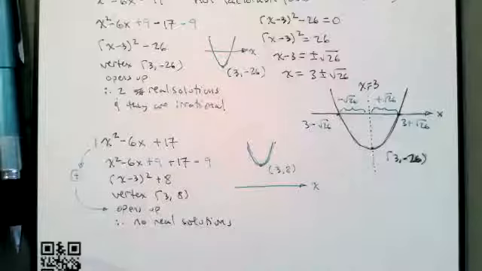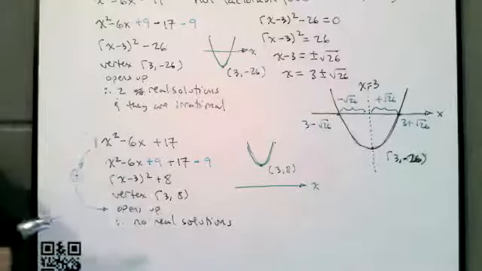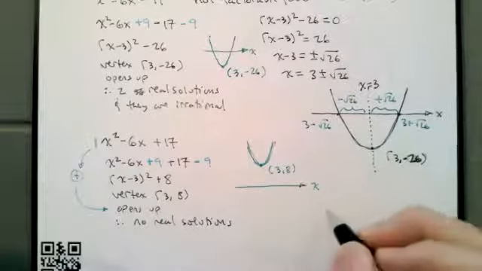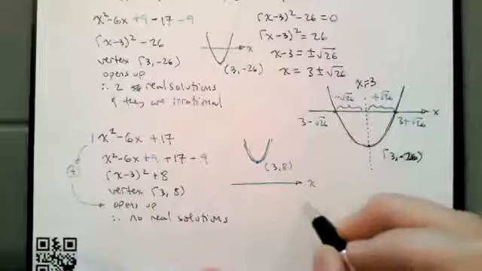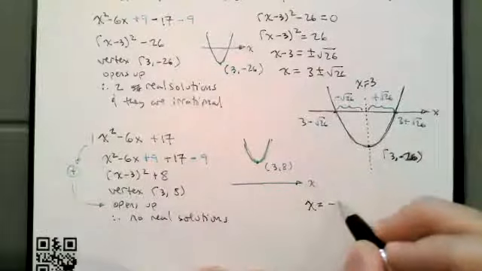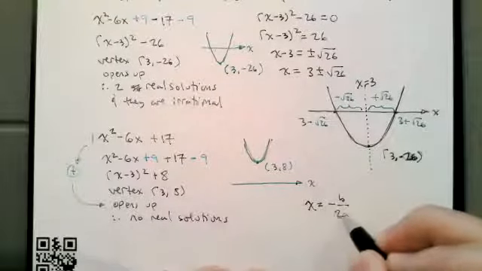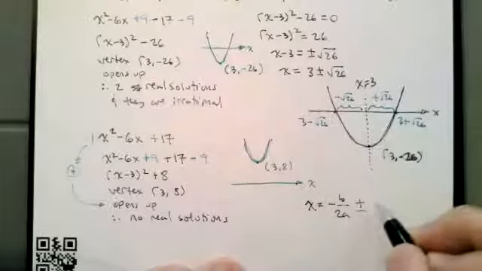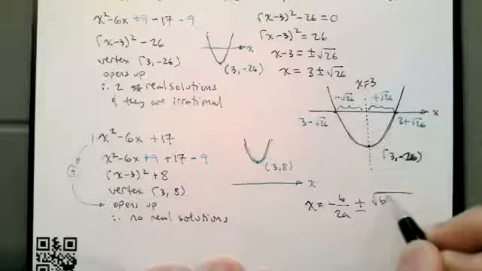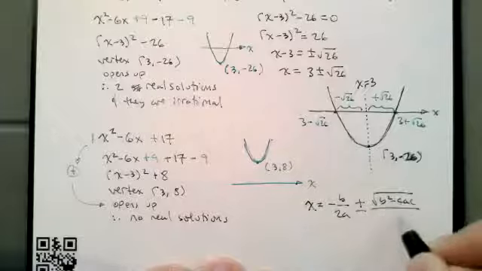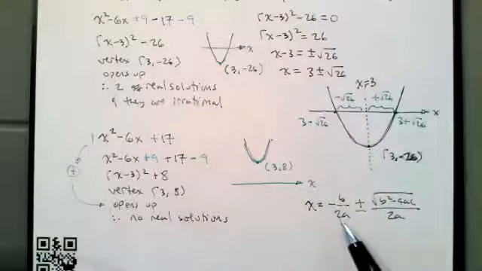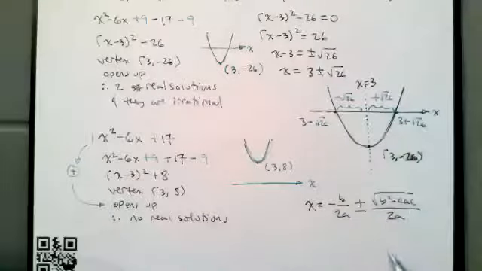So I guess the only real part of the quadratic formula I object to is the all over 2a part, because it's always written as one fraction. We should probably write the opposite of b over 2a as the middle, and then put the plus or minus the square root of b squared minus 4ac all over 2a. Because then here's the middle, and here's how much it goes out on either side.